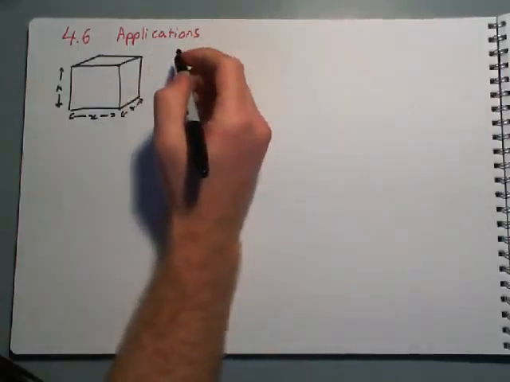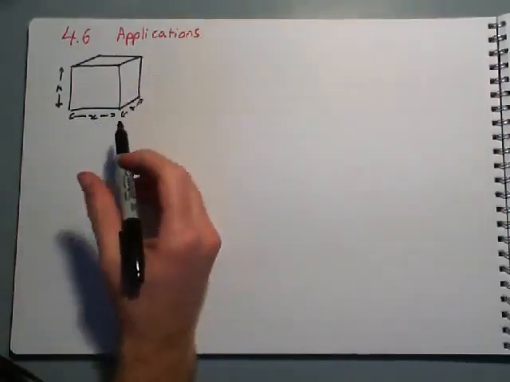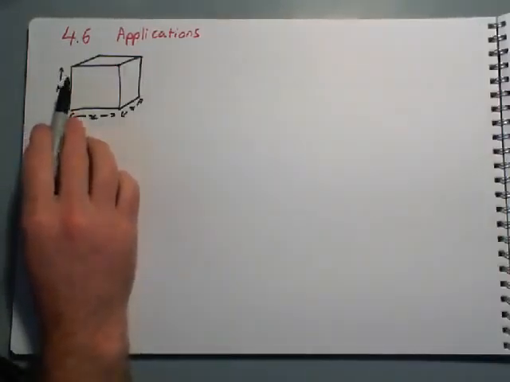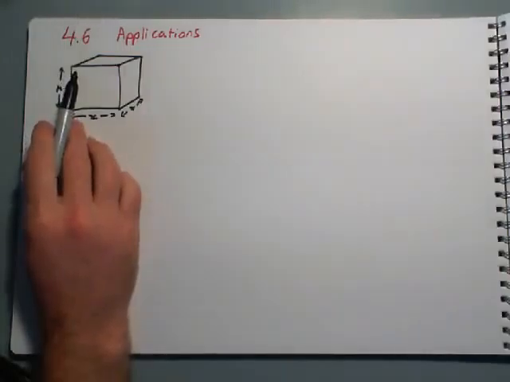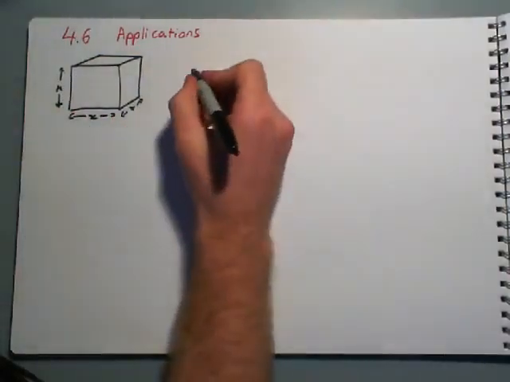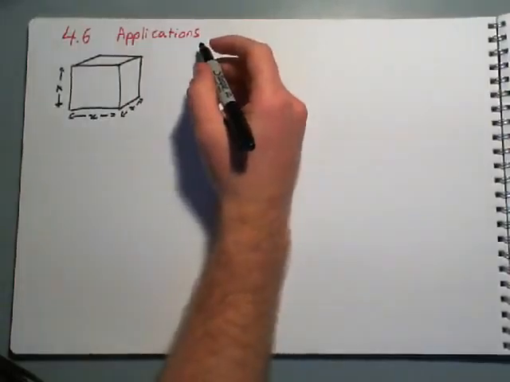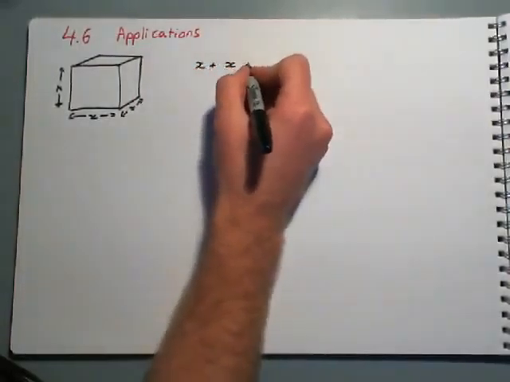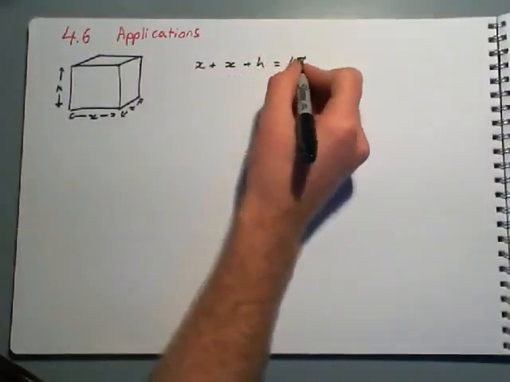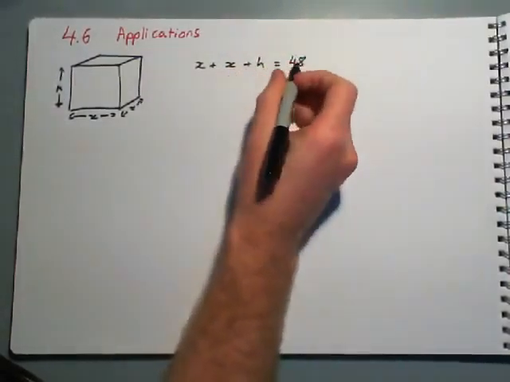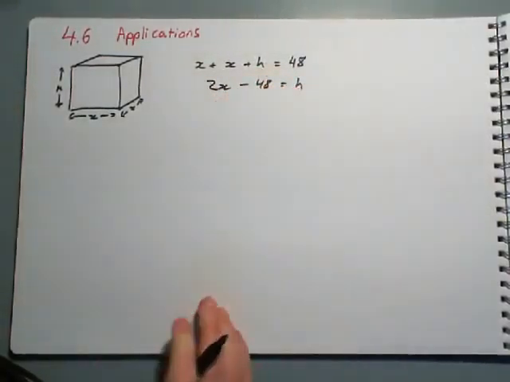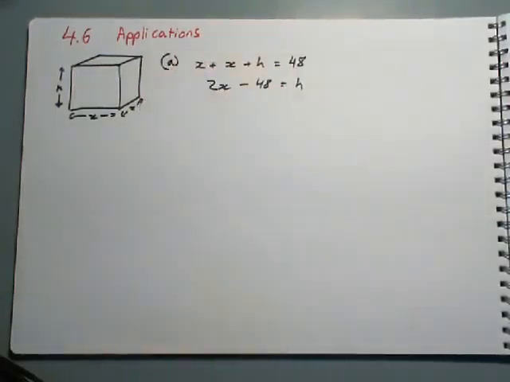If we have a look at the instructions, the base has side length x and height h. The sum of the length, width and height is 48. So that can help us with part A, finding h in terms of x. We can say x plus h is equal to 48.